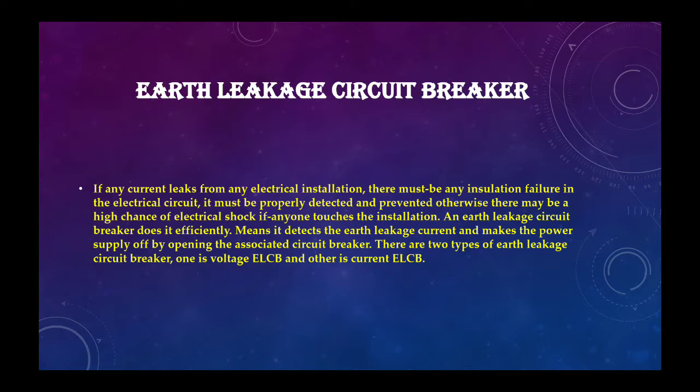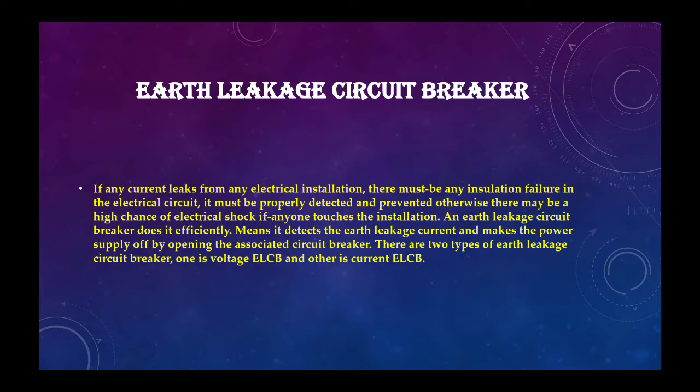It must be properly detected and prevented, otherwise there is a high chance of electrical shock if anyone touches the electric installation. An earth leakage circuit breaker does it efficiently; it detects the earth leakage current and switches the power supply off by opening the associated circuit breakers.